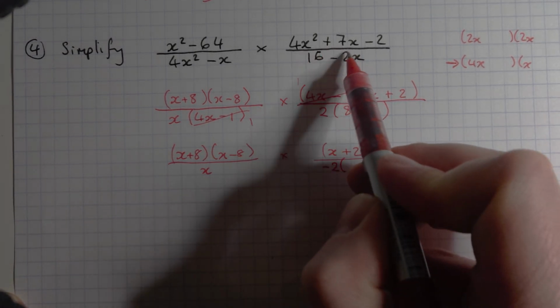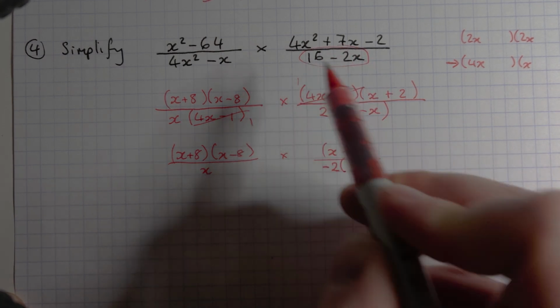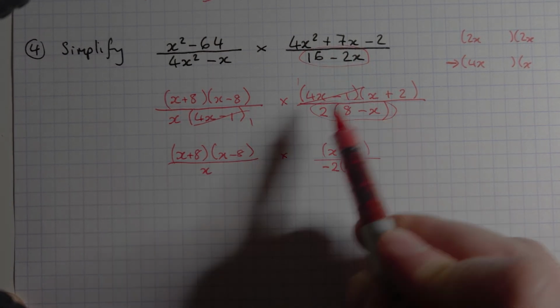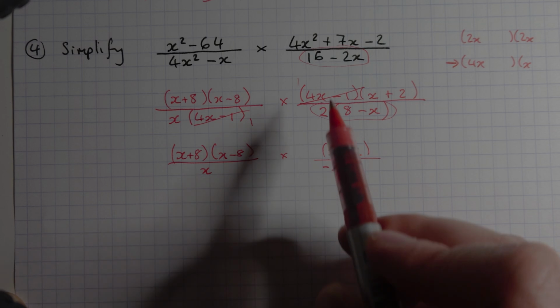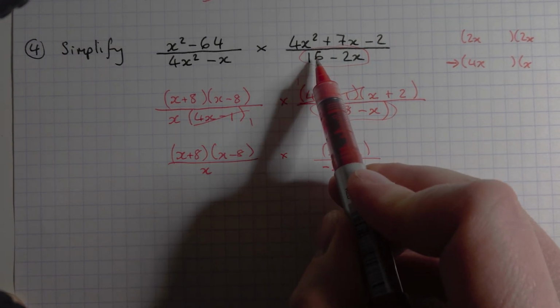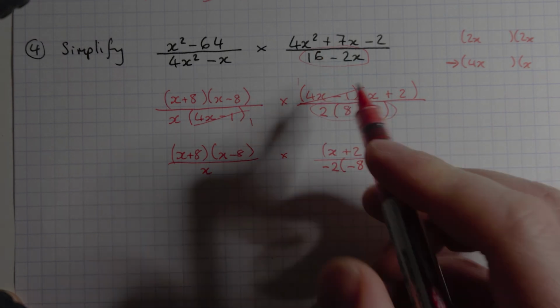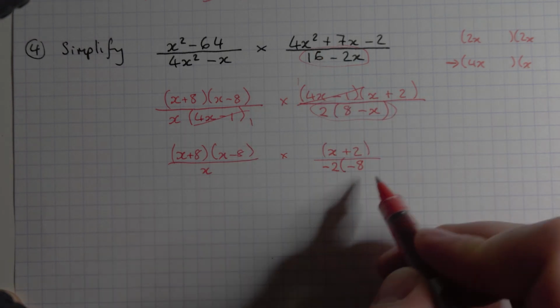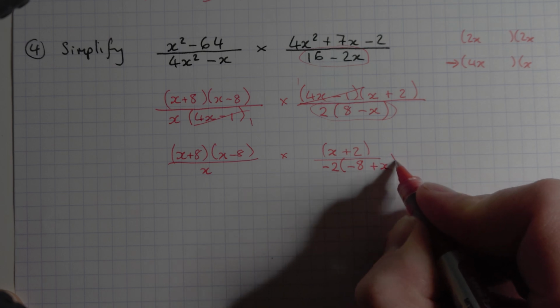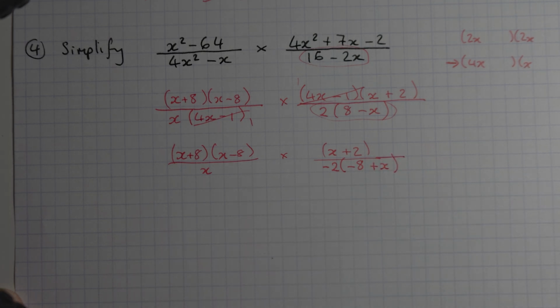So I'm sort of refactorising this thing now, because when I factorised it like that, it didn't really help a great deal. So let's pull out a minus 2 instead. Now, minus 2 times minus 8 gives us positive 16, and minus 2 times positive x, that gives us the minus 2x that we wanted here.